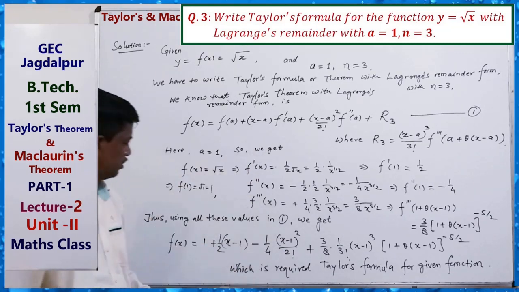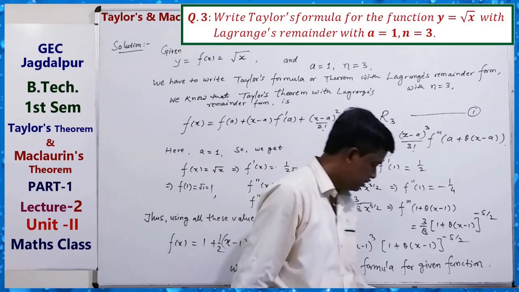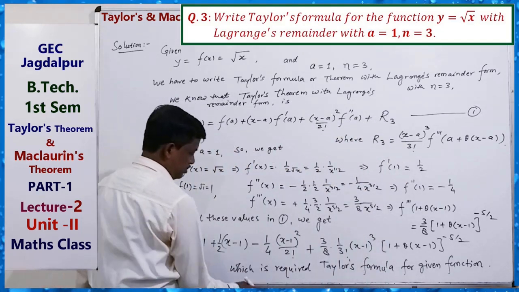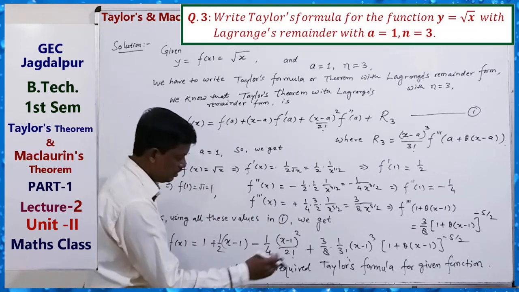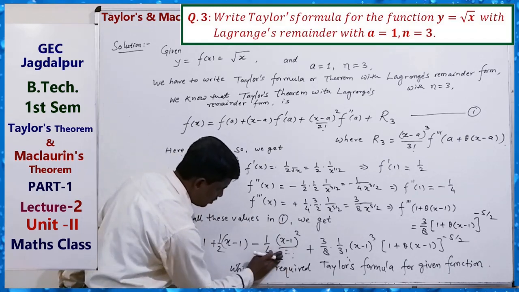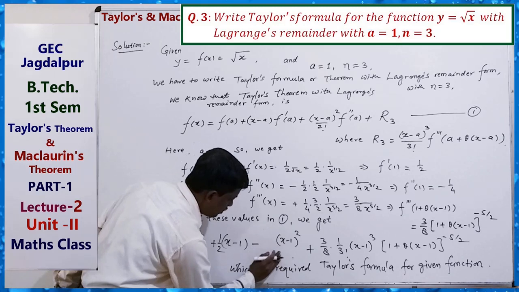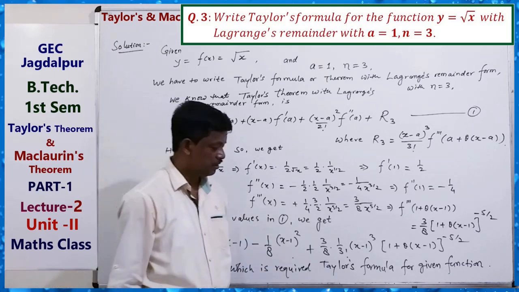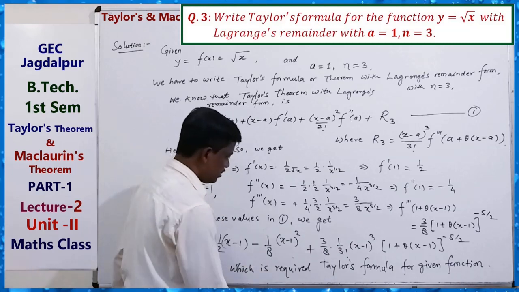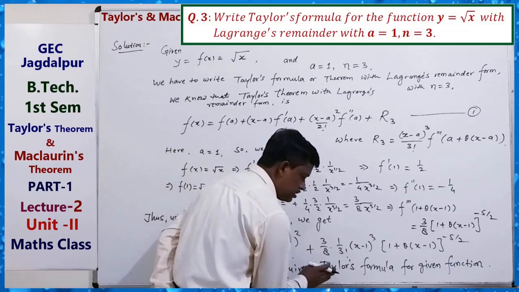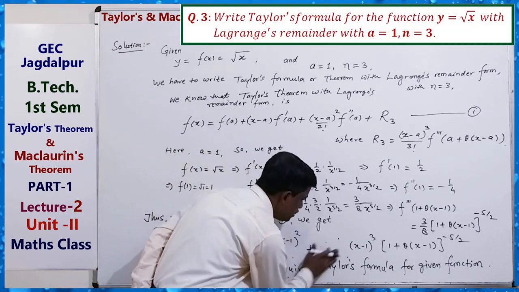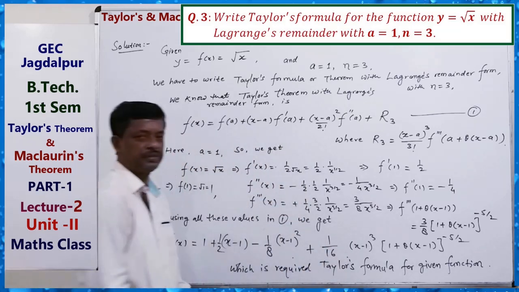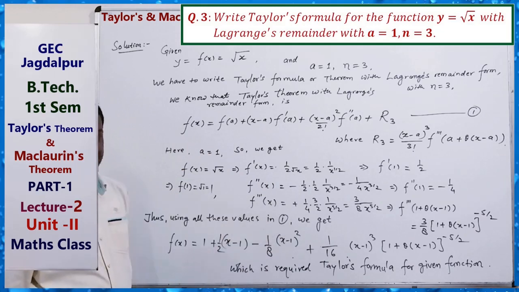Just write the value. 1 plus half (x minus 1), minus 1 by, just you can solve, finally 1 by 8 here, and 1 by 16 in this place, after solving 3 cancels into 16.